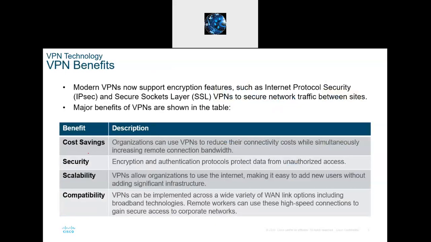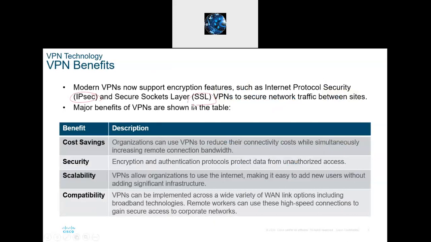So what are the benefits of VPN? Modern VPNs now support encryption features like IPsec, because when you set up VPN, there are different ways to encrypt your packets or your data across the VPN. One of them is IP security. Another one is SSL, and they're all secure.